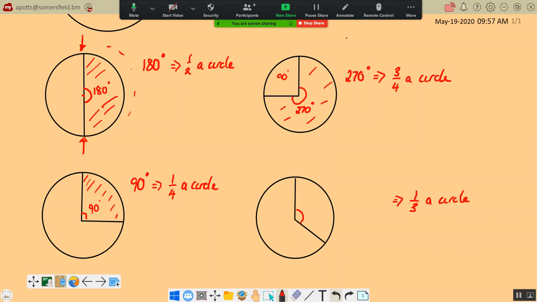How did we know that this was 180 degrees? If we have half a circle, what do you do? Half of 360. How do you take half of 360? Same way you take half of anything.